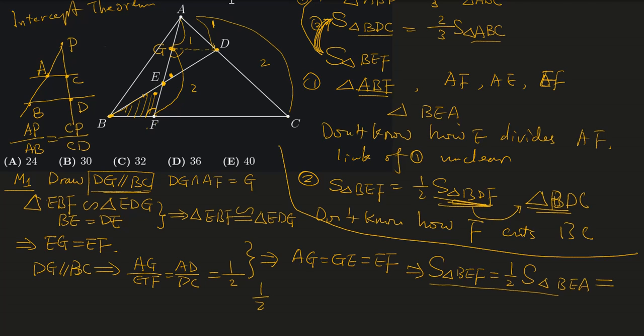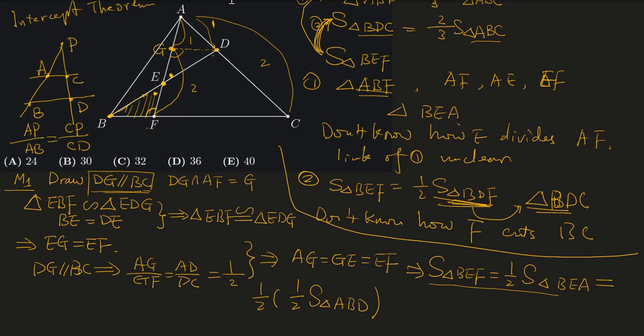And from here, we have 1/2 of the area of triangle BEA equals half of the area of triangle ABD. That is because this point E bisects BD. So we use BE and BD as their bases, and they are sharing the same height from point A to BD.